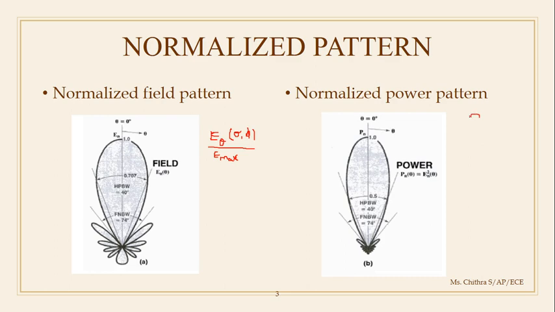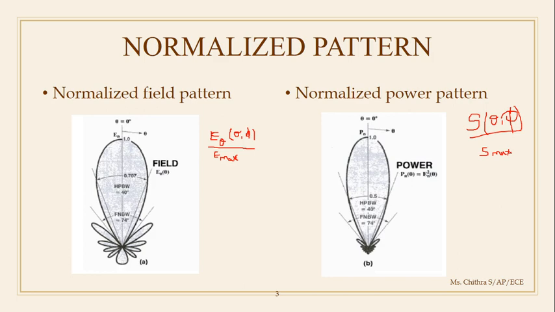And normalized power pattern is described with respect to a Poynting vector, which is represented as S. So it is S, which is a function of theta comma phi, the space coordinates, divided by the maximum value of S of theta comma phi. And we use the Poynting vector because electromagnetic waves are described by the Poynting vector. The Poynting vector describes the energy of the electromagnetic wave per unit time per unit area at any given instant of time.